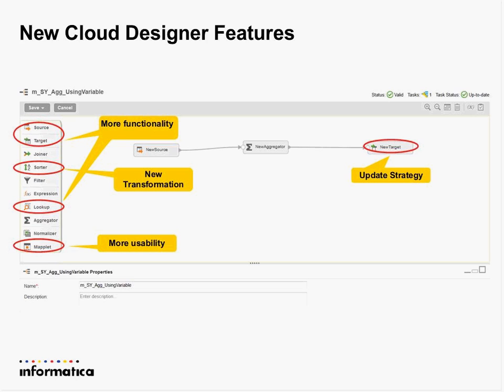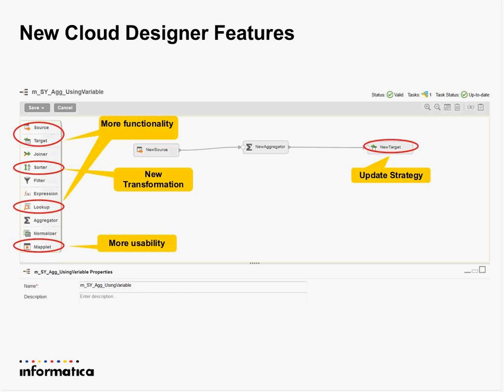And with that, let's go into some of the new Cloud Designer features that you've all been asking for. A lot more functionality in the sources and targets. We have a transformation called the source transformation. And for those of you that have been active users of PowerCenter, you'll be happy to note that there's more usability in our maplet feature, and we've also introduced an update strategy on the target side.